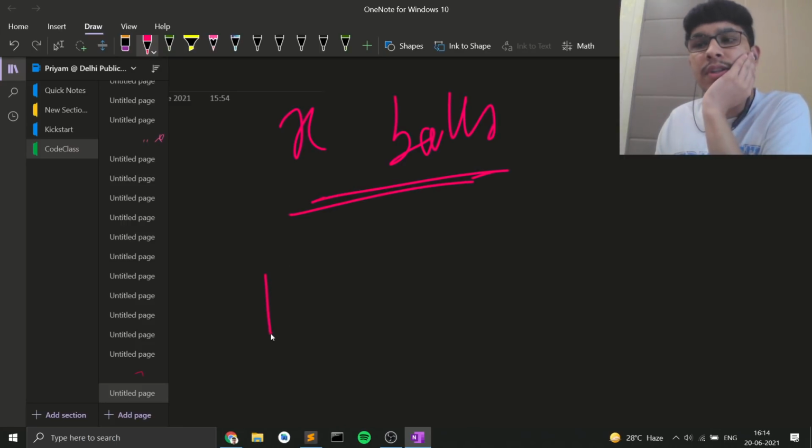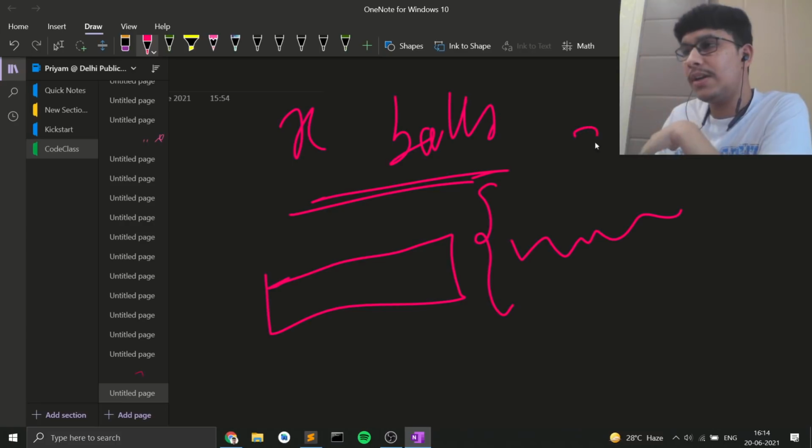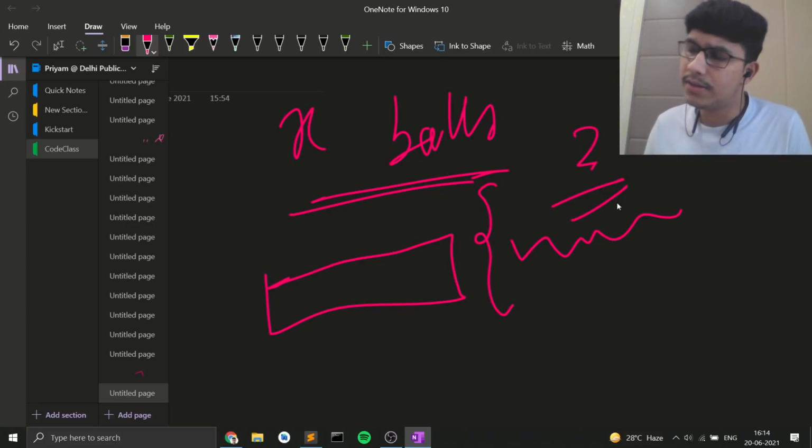So what do I do for this x? I exclude these x balls and I consider the suffix, okay? Now I see how many balls are left. I buy them all for a price of 2, right? I think I can do a binary search on that.